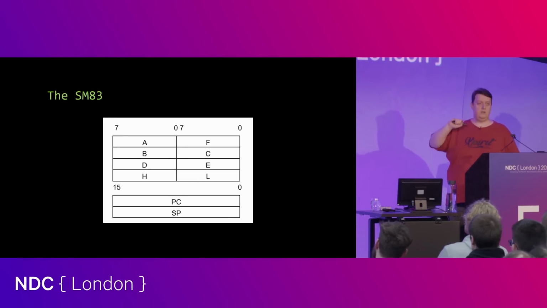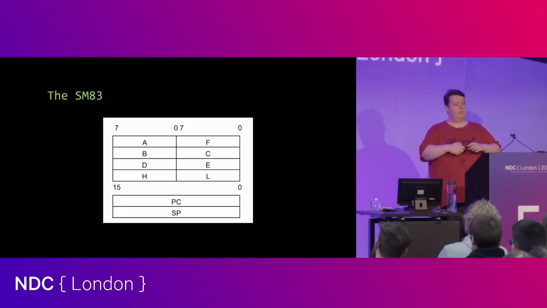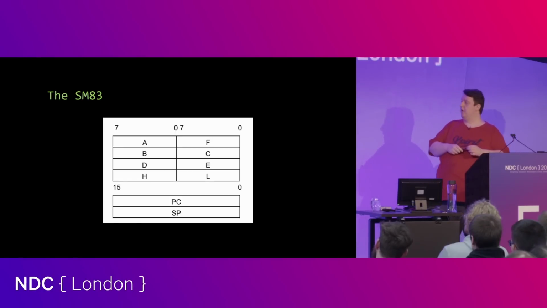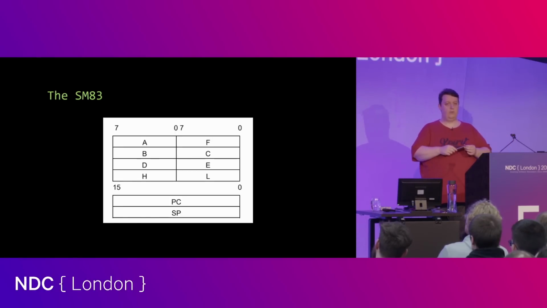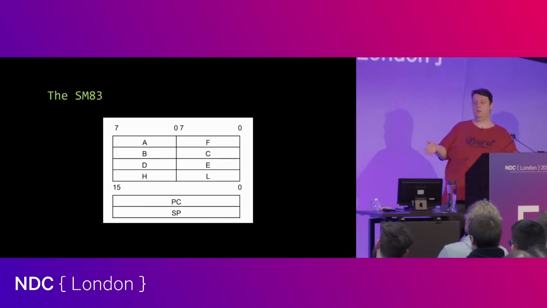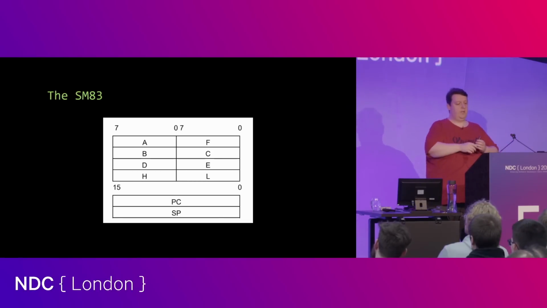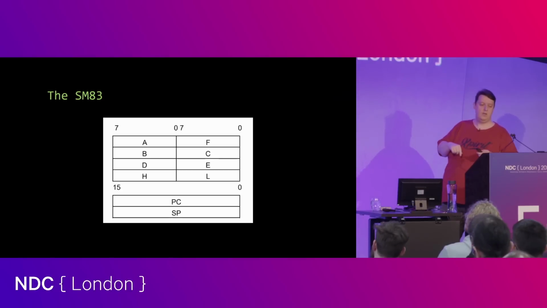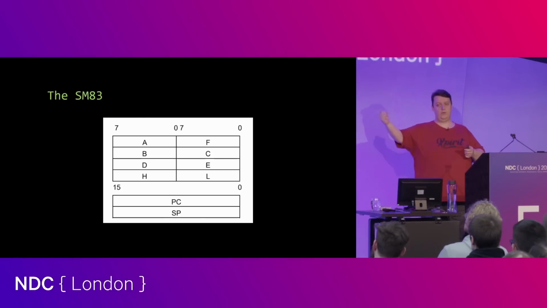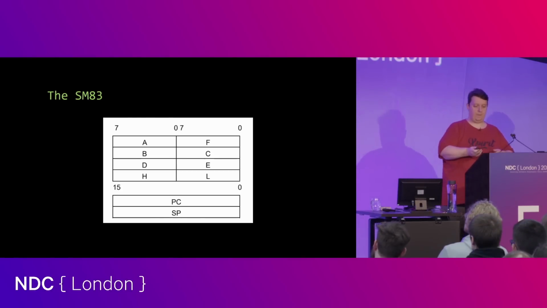And you have the A register, the accumulator one, the F for flags, and then we have B, C, D, E for general data or addresses, HL mostly used for addresses, and then of course a program counter, which points to the next instruction that the CPU is going to execute, and a stack pointer to point to the stack space in memory.